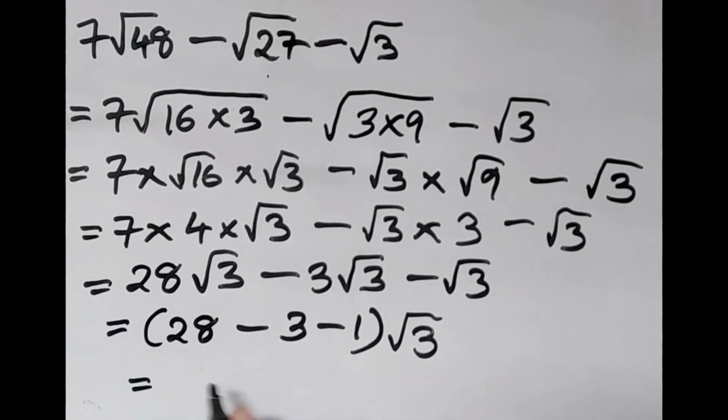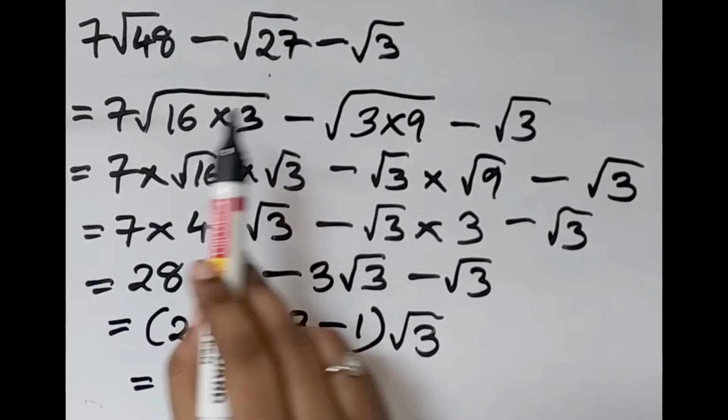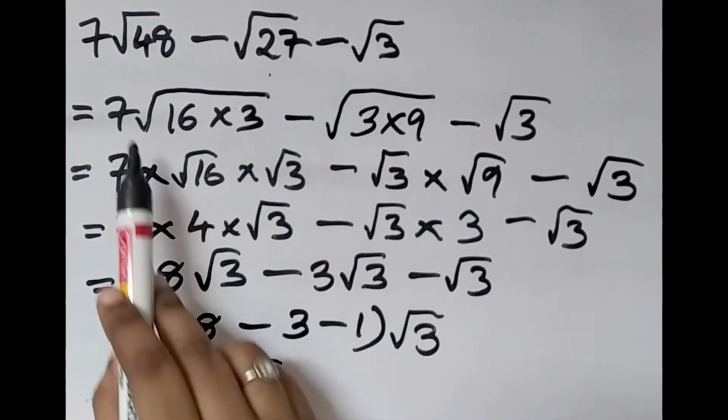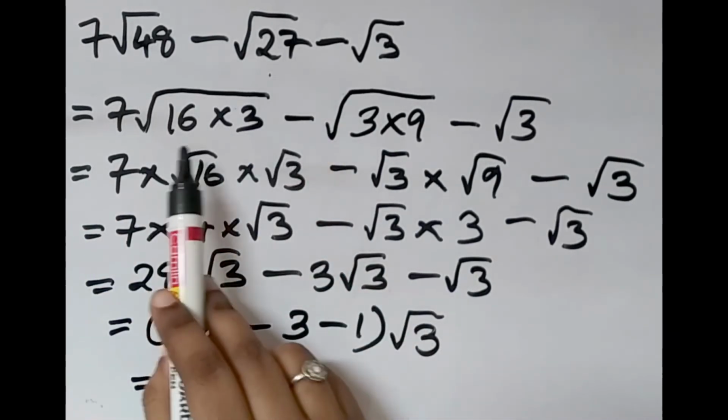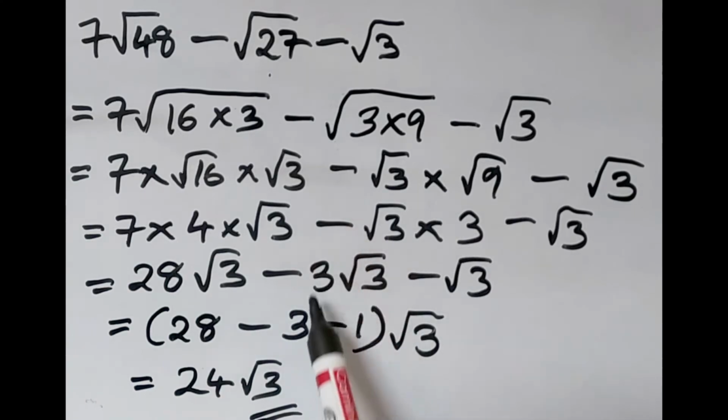Which is equal to 28 minus 3, that is 25. 25 minus 1 will be 24. So the answer is 24 root 3. So this is the final answer. If such types of problems are there, first whichever surd we can write in simplest form, we write it in simplest form, and then we solve it.